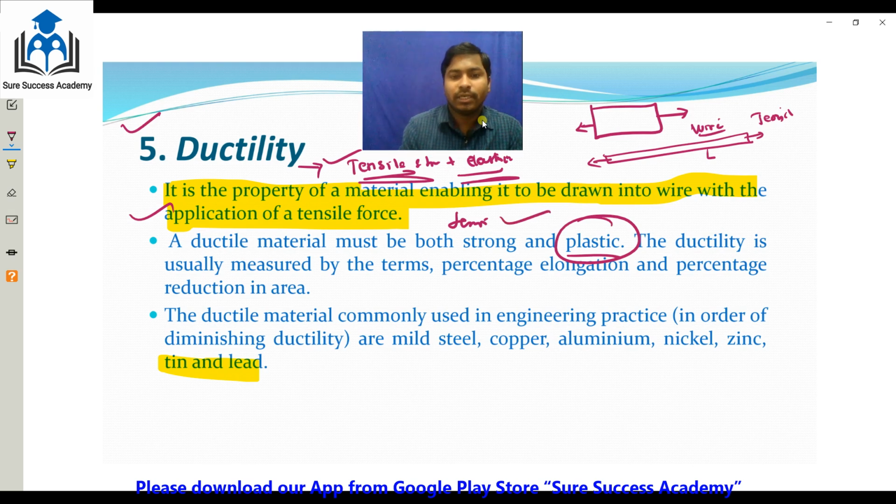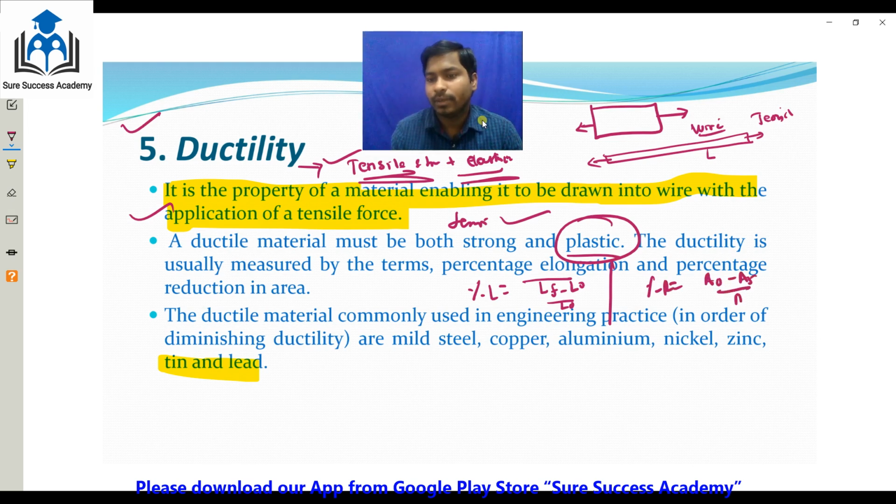To measure how much ductility is there, we use percentage of elongation. You know that percentage of elongation is a measure of ductility. It is asked in interviews: how can you express ductility? Percentage of elongation is the final length minus original length, divided by original length. Or percentage reduction of area is the original area minus final area, divided by the original area.